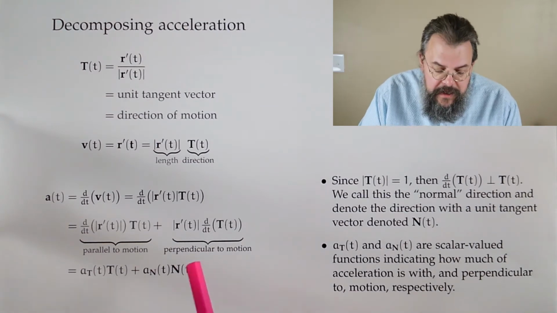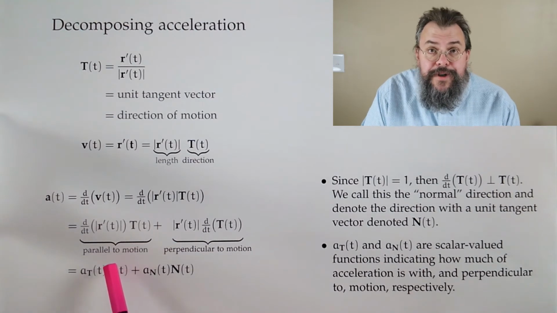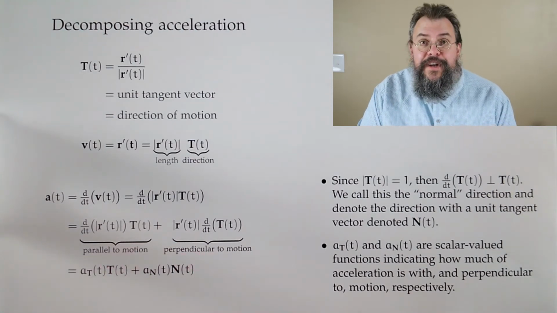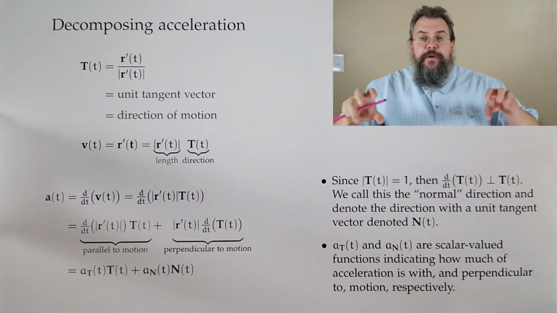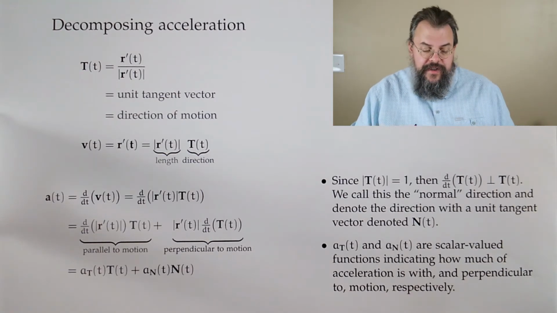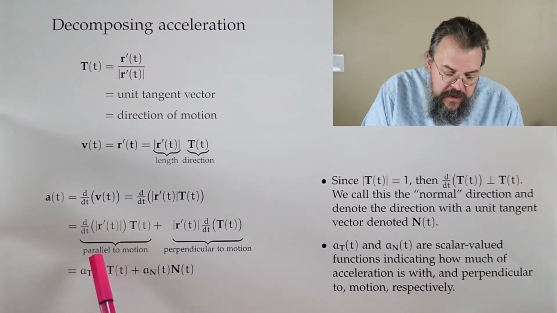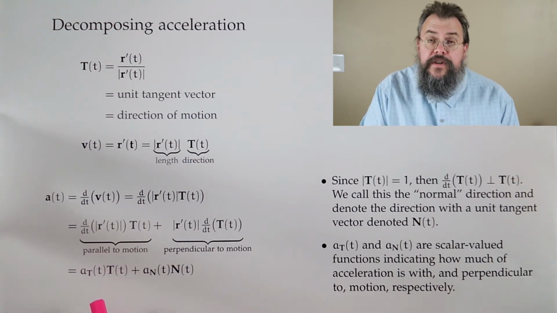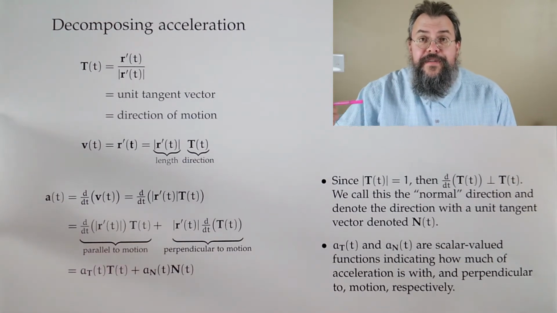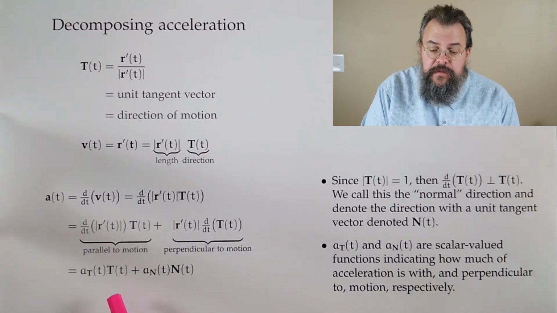So we say, all right, so we've now written acceleration as one part parallel to motion and one part perpendicular to motion. Perfect. We've been able to decompose, break it into parts. And so we're going to be a little bit more precise. Say, look, there's really this little thing called a sub t, and that says how much of acceleration, the quantity of acceleration, points in the direction of motion.